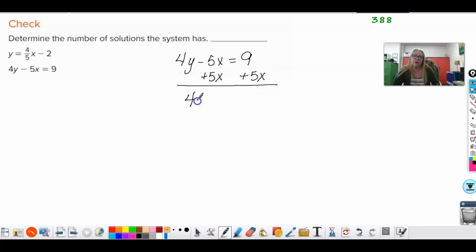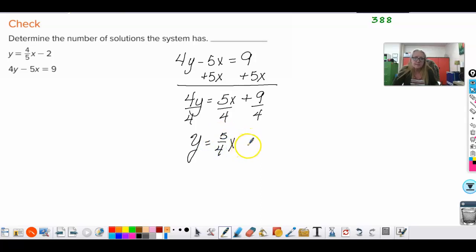That gives me 4y equals 5x plus 9. Now we need to divide every term by 4. And that gives us y equals 5/4 x plus 9/4, which I guess we could write as 2 1/4.